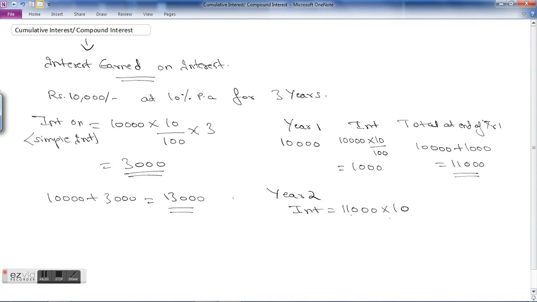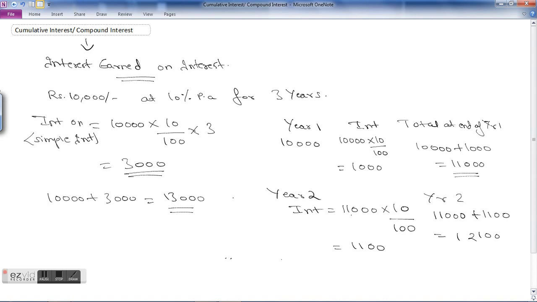So upon 10 by 100, how much does that come to? 1,100. So the total at the end of year 2 will be 11,000, your total at the end of year 1, plus 1,100, that is 12,100.